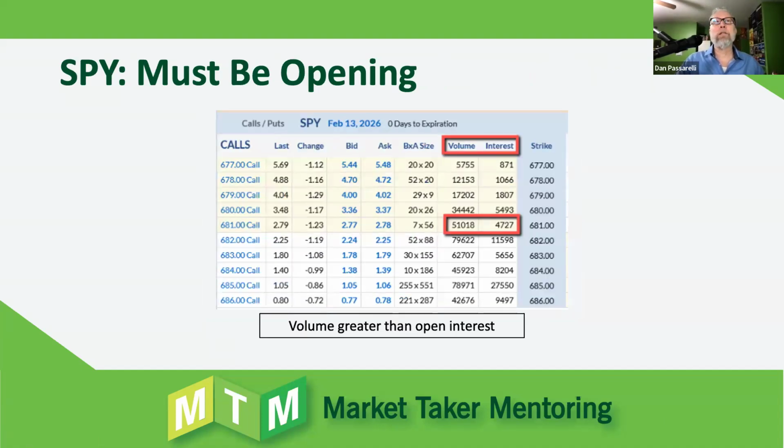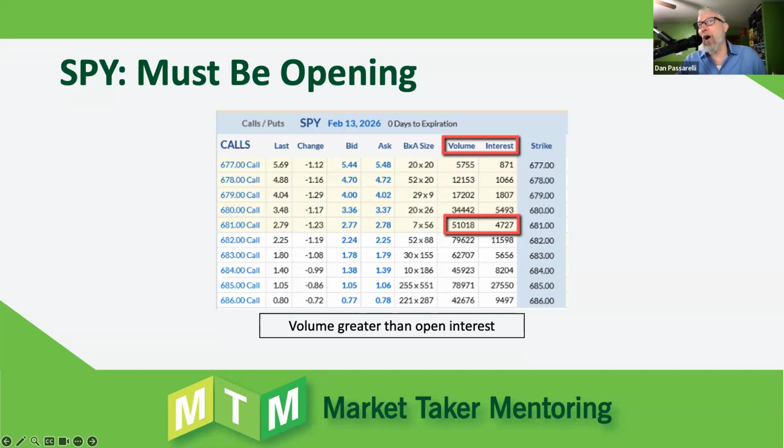How about here? The Spider 681 calls. 51,018 traded today with an open interest starting today of 4,727. Yes, Jan says opening. That is correct.